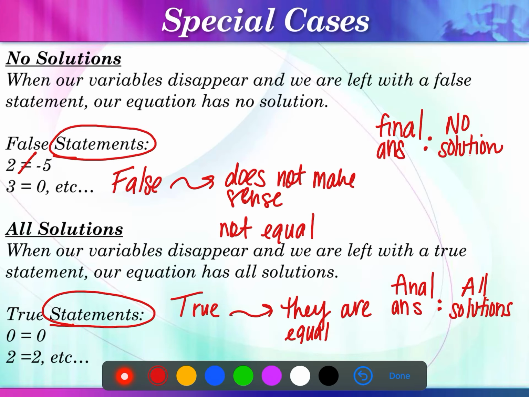Okay, so no solutions means that there is no number that will make each side of that equation the same. All solutions means you could pick any number that you could think of, plug it into your equation, and both sides would be equal.